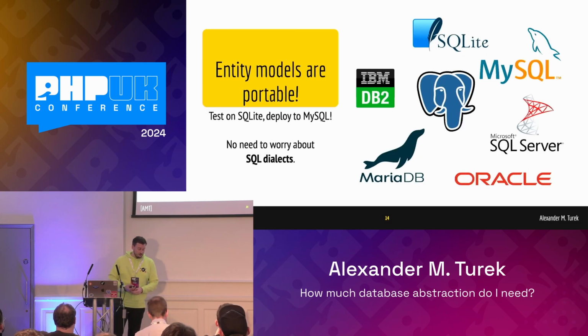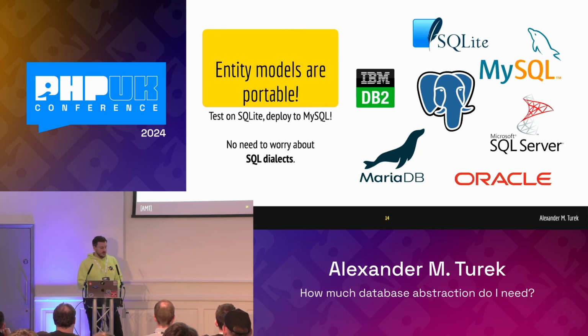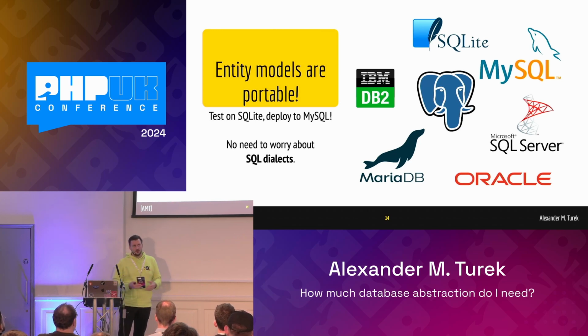And also, those entity models are portable across databases. And as I've said earlier, if I want to build an entity model that I can deploy in SQLite for having fast in-memory tests, but I probably don't want to use SQLite in production, so I use MySQL or maybe even a different database in a production environment, then I can do this with the ORM.